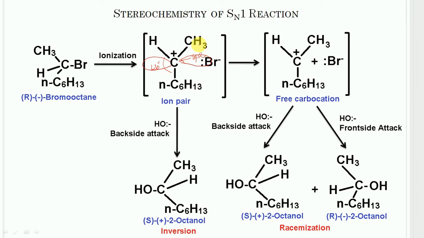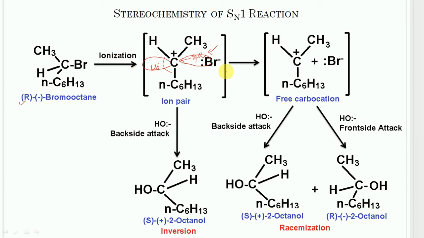Now if a carbocation is formed from a chiral alkyl halide such as 2-bromooctane, the attack of the nucleophile on this carbocation at either lobe of the empty p orbital can occur with equal probability. It may be attack from the front side or from the back side.